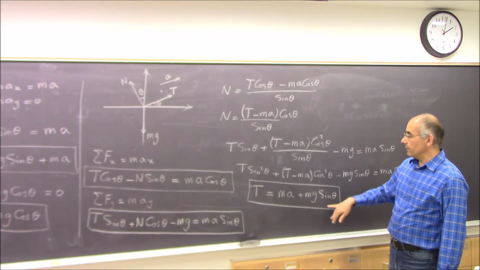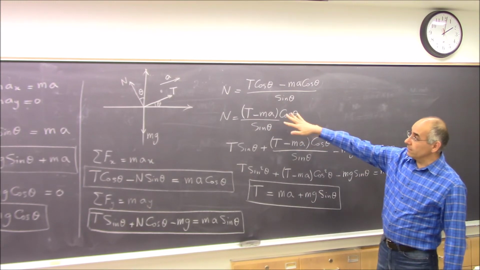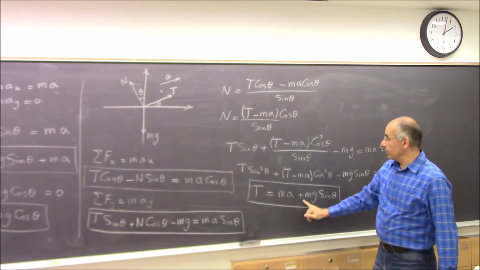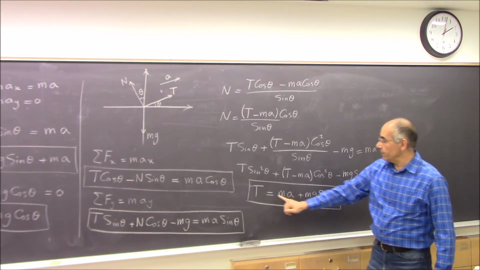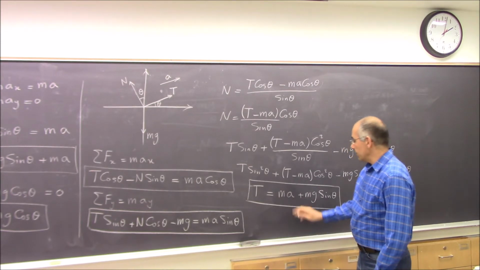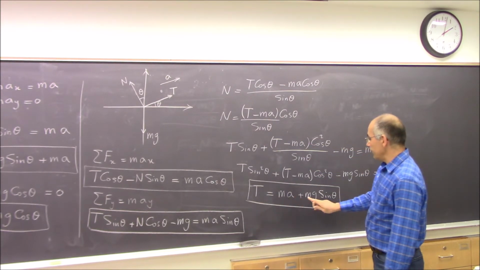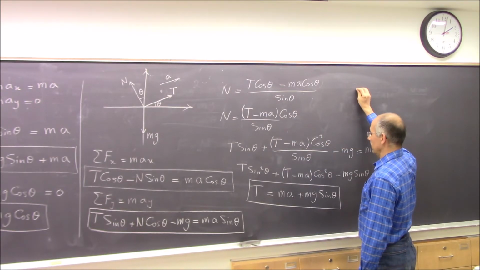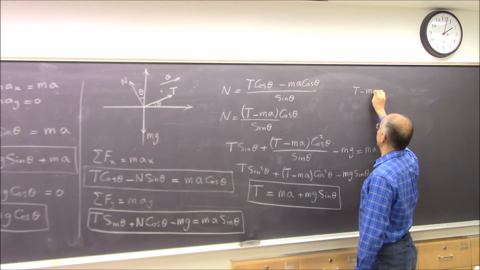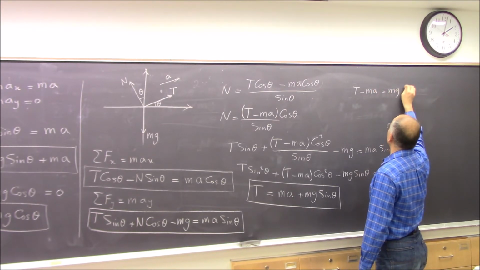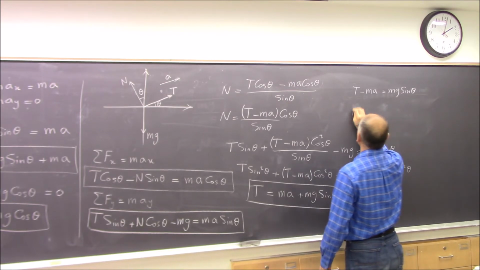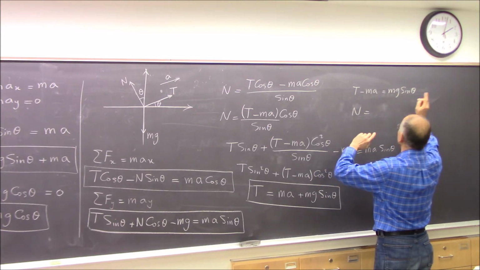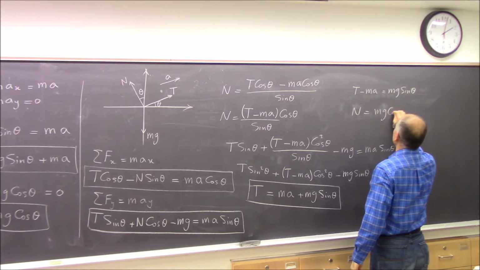But then we haven't figured out N yet, because we now need to put T in here. Say T minus, let me do that too, T minus ma becomes mg sine theta, and sine theta cancels. See, T minus ma is mg sine theta, and then N is equal to T minus ma, which is mg sine theta divided by sine theta, goes away, becomes mg cosine theta.